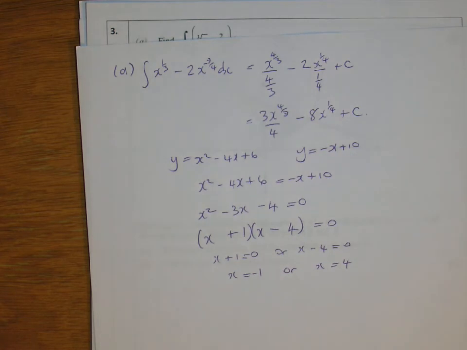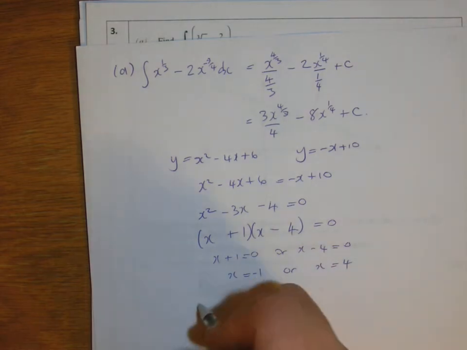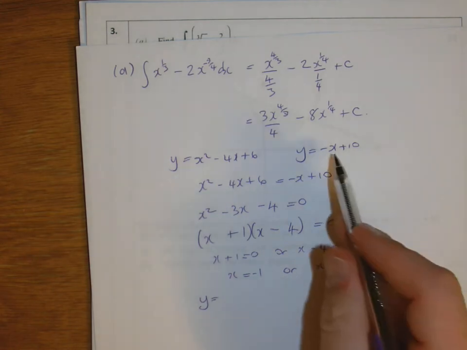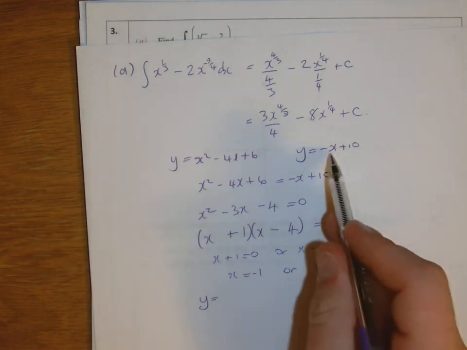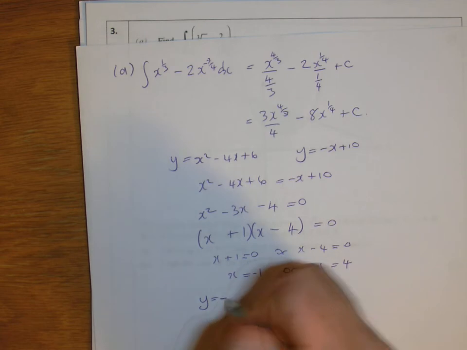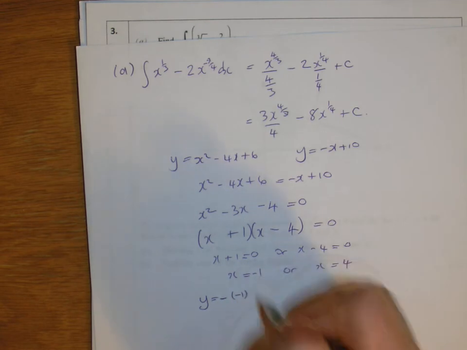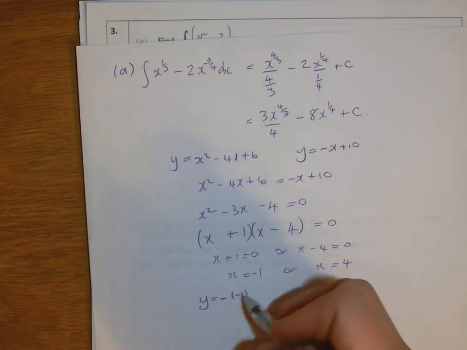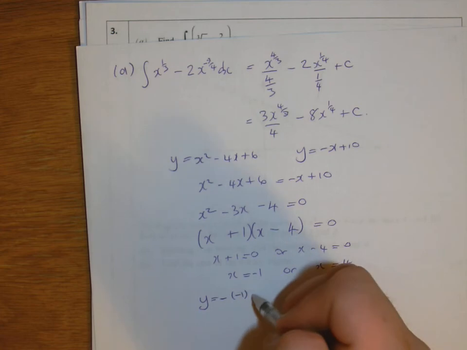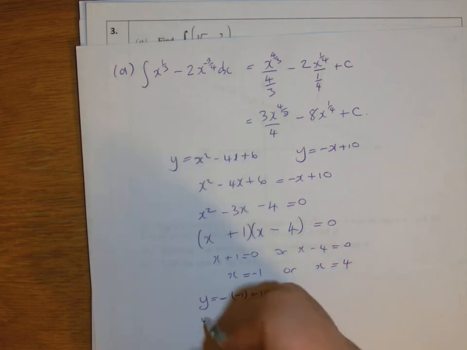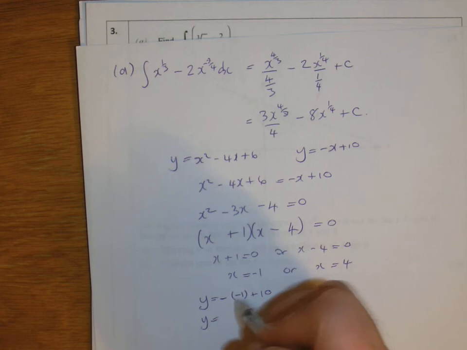Now remember we need our coordinates for A and B. So to get the coordinates, we complete by getting the y value. Use the line, it's much easier: minus x plus 10. When x is minus 1, you minus the x value, which is minus 1, plus 10. Two minuses make a plus, so that'll be 1 plus 10 is 11.